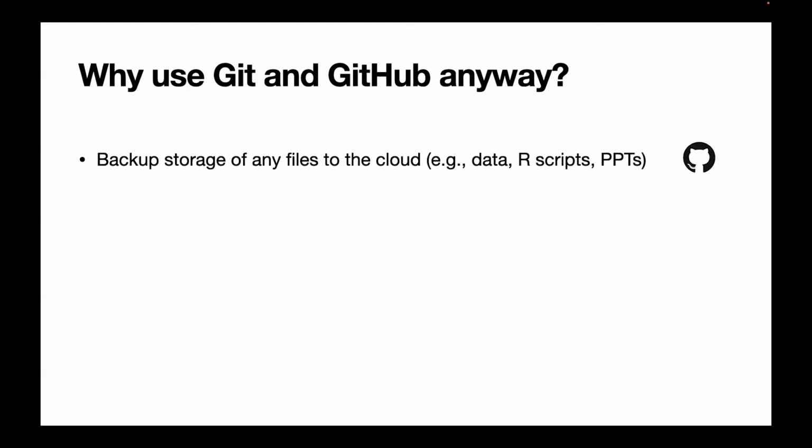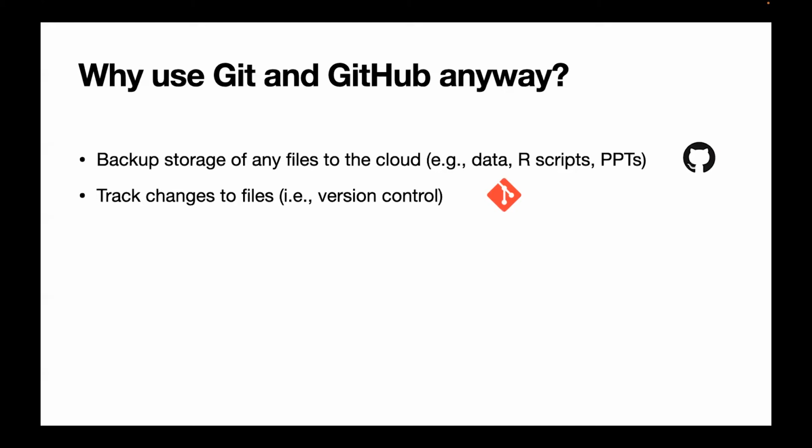The symbols next to each bullet represent whether this is mainly a feature of Git or GitHub. The little octocat symbol is for GitHub, and the little branching node symbol is for just Git. So, tracking changes to files is called version control.